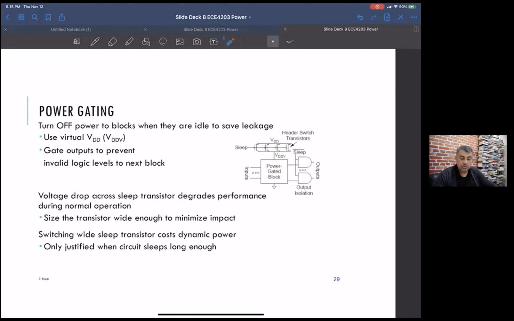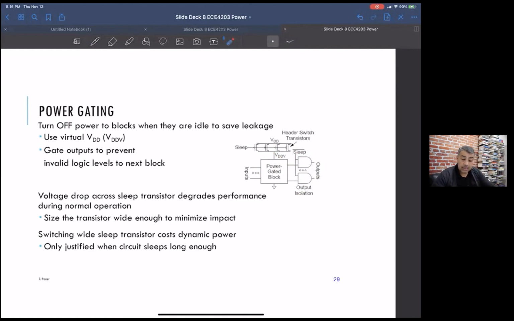If it's just floating, whatever it's driving that's not power gated is going to end up in some unknown state, or some state you're guaranteed not to want. So make sure you gate the outputs also of the power gated block.